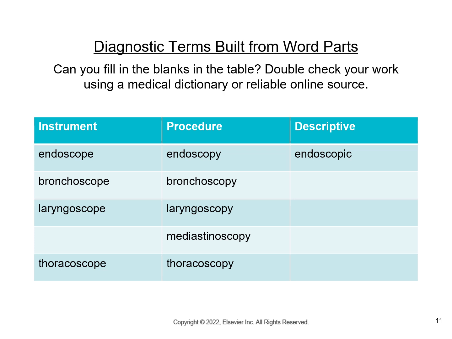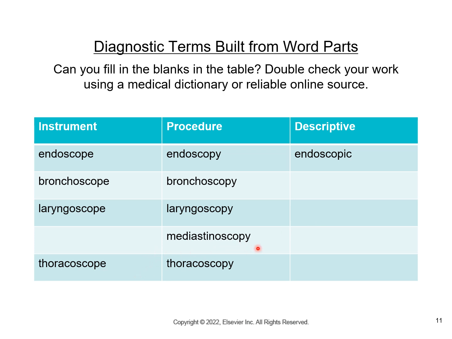So if we see the instrument as the endoscope, the procedure is endoscopy, and descriptively, it would be used as endoscopic. A bronchoscope performs bronchoscopy, and it would be bronchoscopic. A laryngoscope performs laryngoscopy, and it would be laryngoscopic.